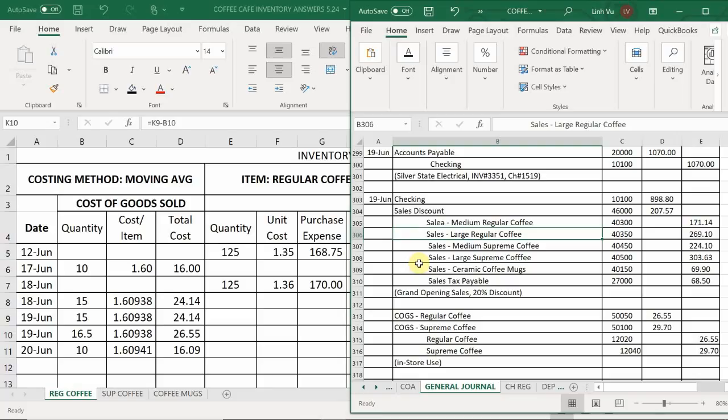I have to also take that out from my inventory. Now, how do I journalize this? Use your chart of accounts. Do you have an account called cost of goods sold?